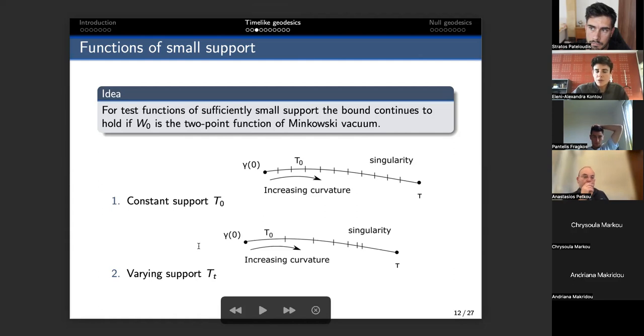However, if we have a varying support of the function, that could allow us to have a larger support closer to our time, and that turned out to give a better bound. So what I'm going to do is consider functions of varying support with some function t.